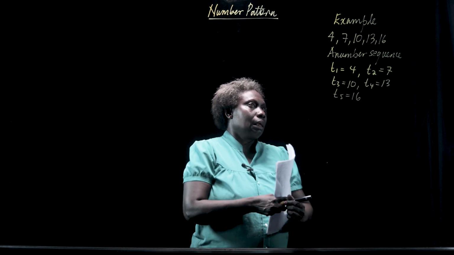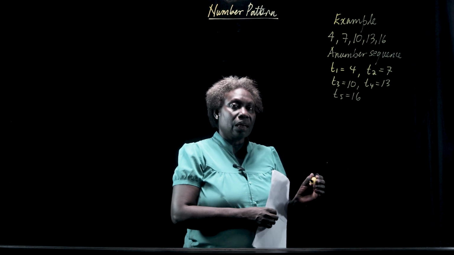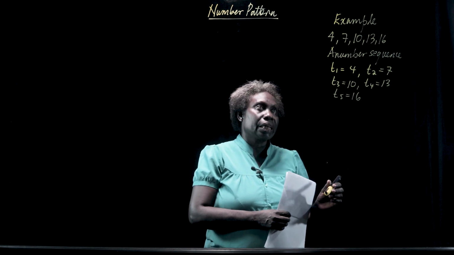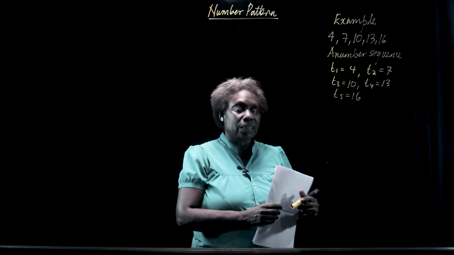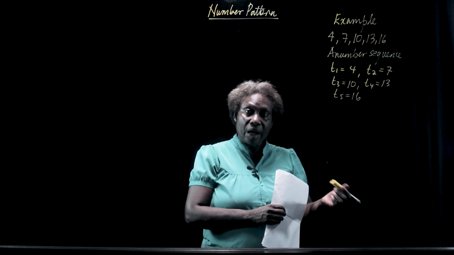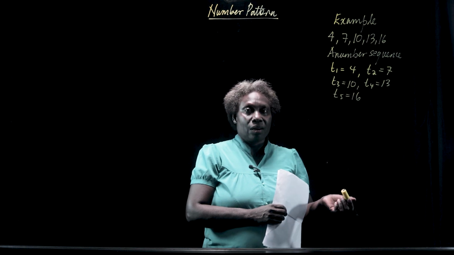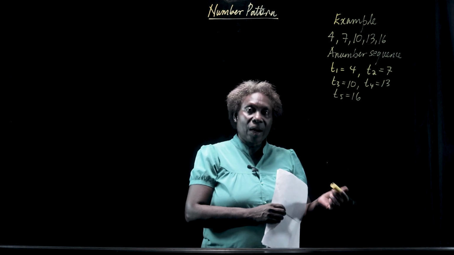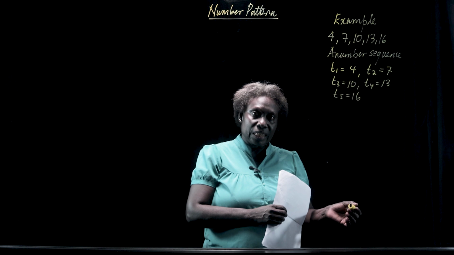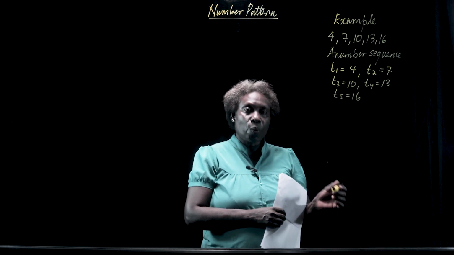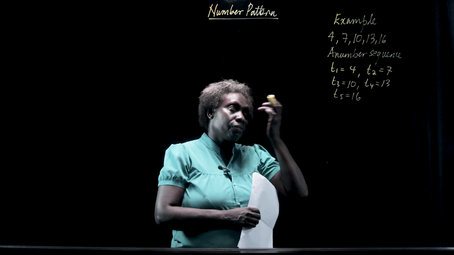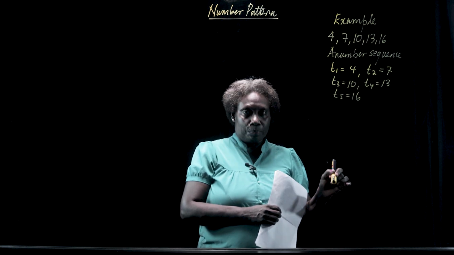Each of these terms in the sequence is obtained by adding 3. Now, we can generate number sequences by adding, subtracting, multiplying or dividing each term, or we can also square or take the square root of the terms.